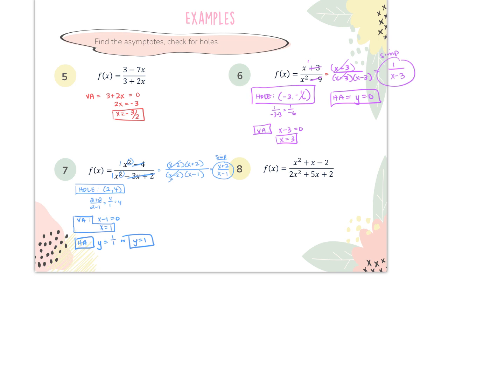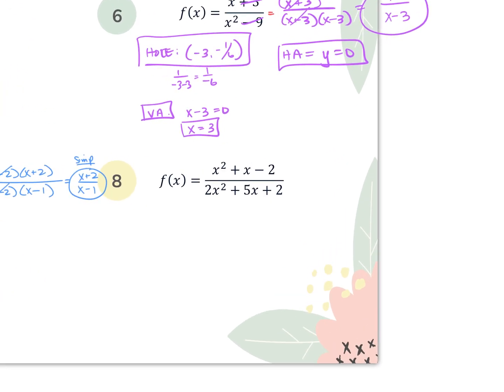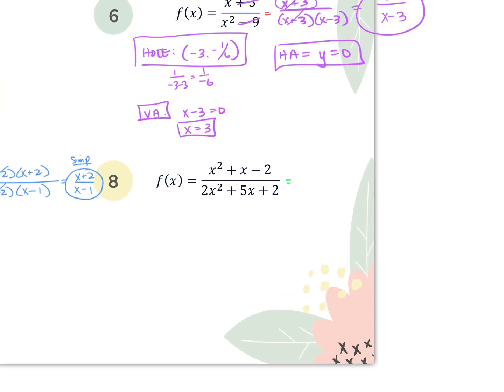Again, let's do this last one. Again, we start out by factoring. So we get x plus 2 and an x minus 1. Down here, when we do the math, I'm going to get 2x plus 1 and x plus 2. And again, I notice that x plus 2 is repeated. So I want to recognize which is my simplified version, which is this one, x minus 1 over 2x plus 1. And again, we use the simplified for the hole, and we use it for the vertical asymptote.